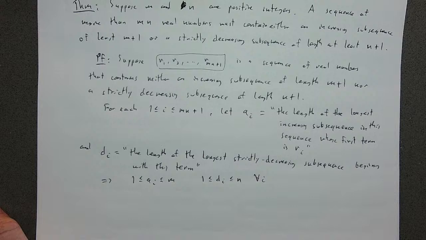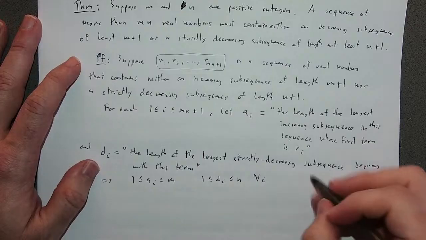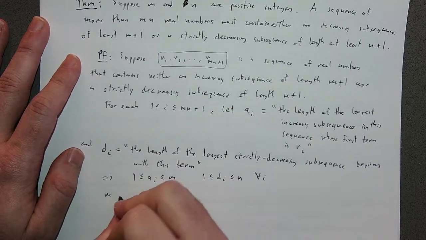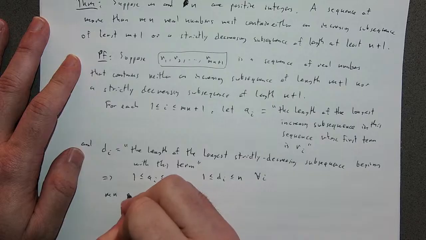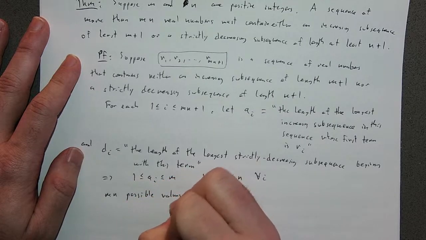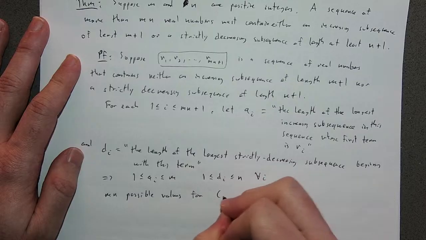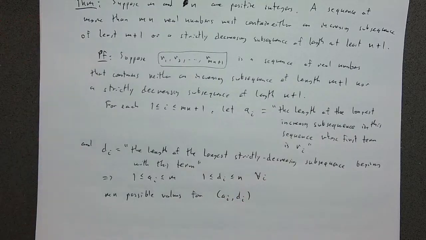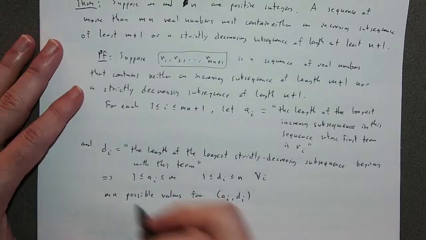And there are how many possible values for the ordered pair a sub i, d sub i? There are mn possible values, just by the product rule.